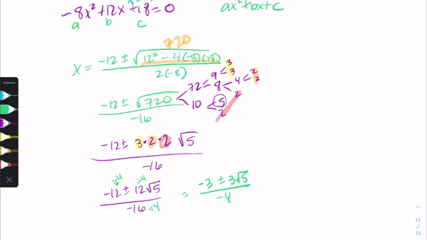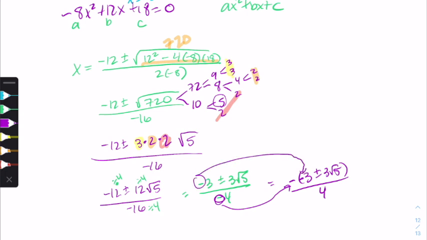4. Now, the other thing that you need to see, on the bottom we have a negative. It's conventional to put negatives either out in front or up top. So what happens is that this negative will really turn into negative 3 plus or minus 3 root 5 all over 4. Oops, I dropped a negative. So we have this negative is that one, and this negative is that one.